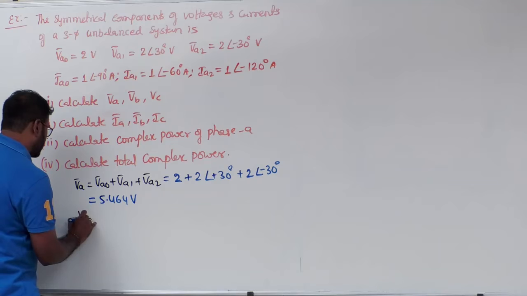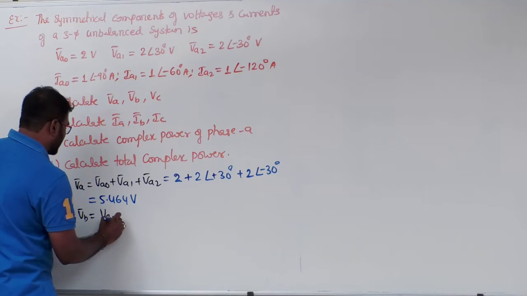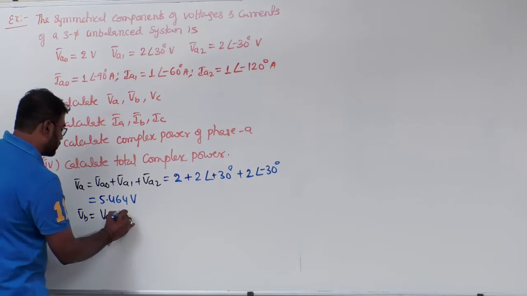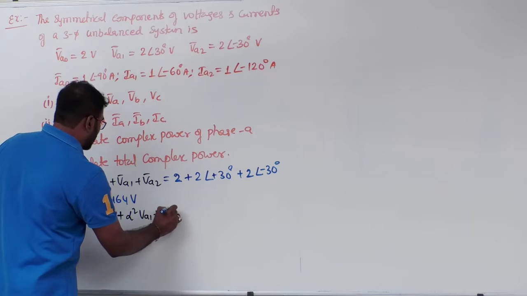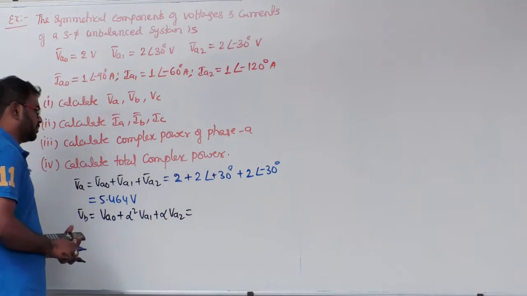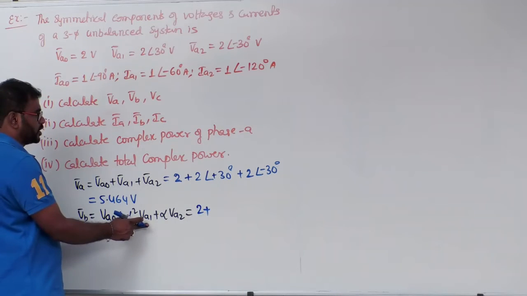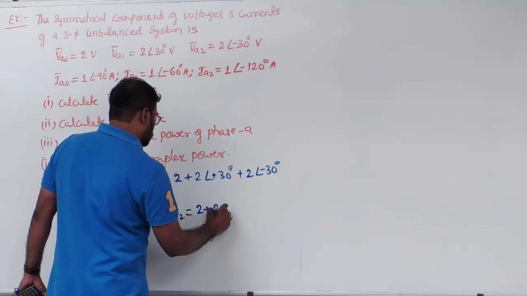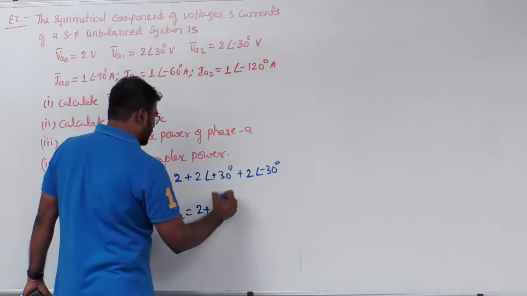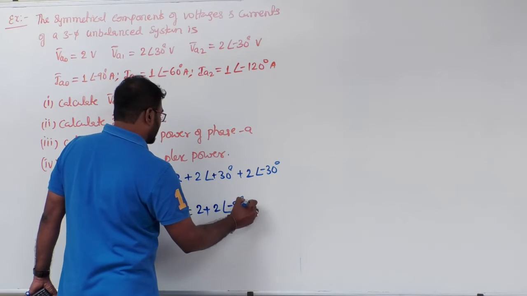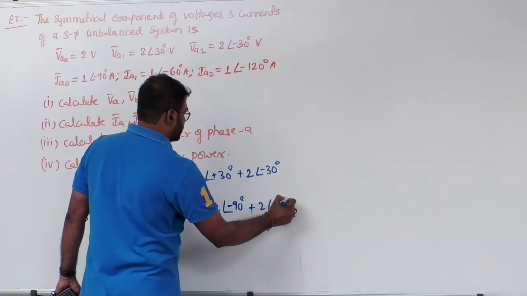Now what is VB? VB equals VB naught, directly I am writing, sir. VB naught is nothing but VA naught plus VB1, and VB1 is nothing but alpha square VA1 plus alpha times VA2. If I substitute, VA naught is 2, plus alpha square VA1, that means minus 120 degrees, so 2 at an angle 30 minus 120, which is minus 90 degrees, plus 120 minus 30, plus 90 degrees.